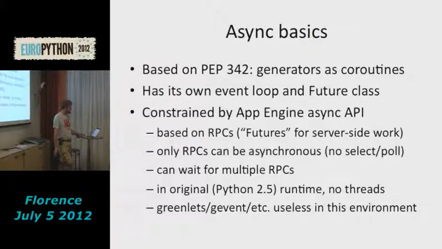PEP 342 added a couple of things so that instead of asking the generator, give me the next item in the thing you're iterating over, you can also say, here is a value that I'm giving you, and when you resume the yield that is currently suspended, that yield will actually return that value.